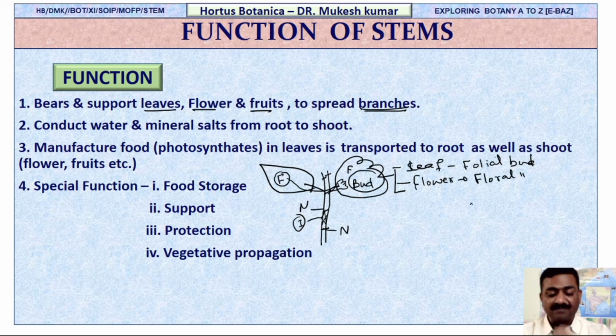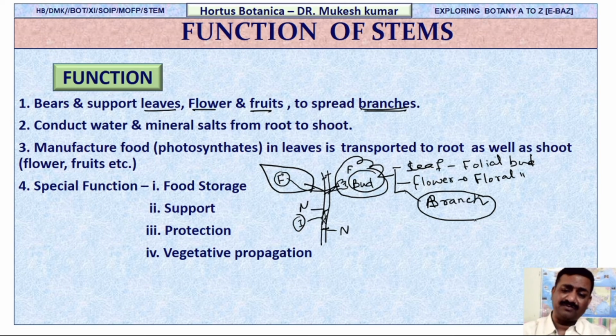Now might be possible that we need not leaf, not flower, rather we need a branch, so it might develop in the form of a branch. And again, if a branch develops, then there will be so many nodes and internodes again. Again the node will do the same thing, either flower or leaf or again a further branch.